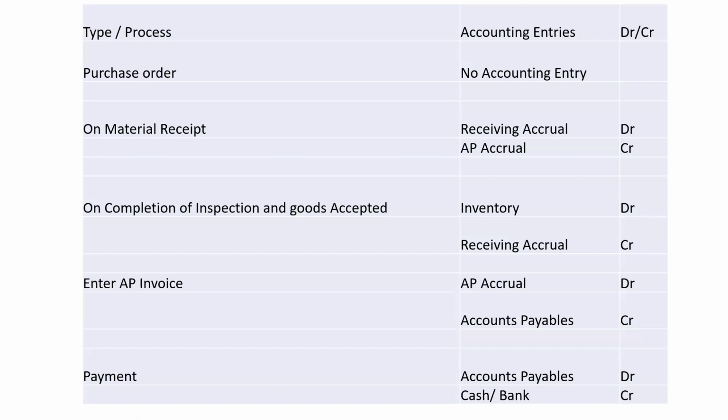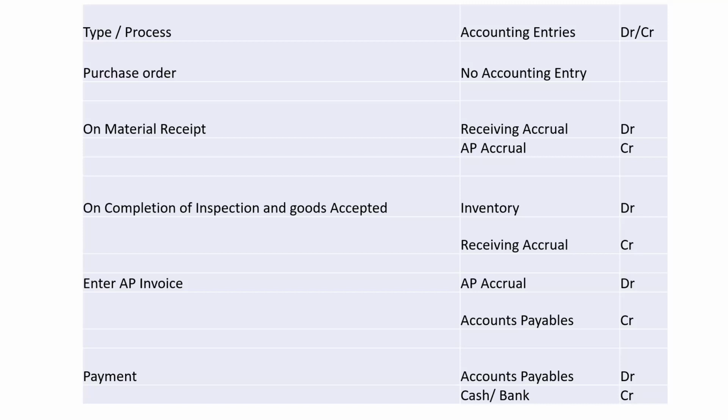On material receipt, when you receive the materials, the accounting entry would be receiving accrual debit and AP accrual credit. On completion of inspection and goods accepted, inventory account debit, receiving accrual account credit.